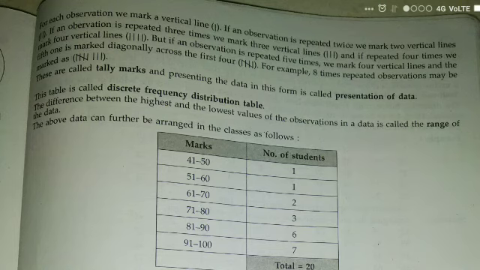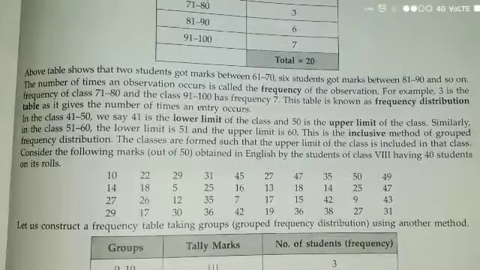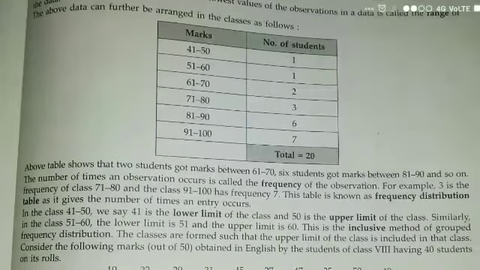Okay, then we will see how to make the table or the classes. Our lowest mark is 45. 45 is greater than 40 and less than 50. So 41 to 50, then 51 to 60.